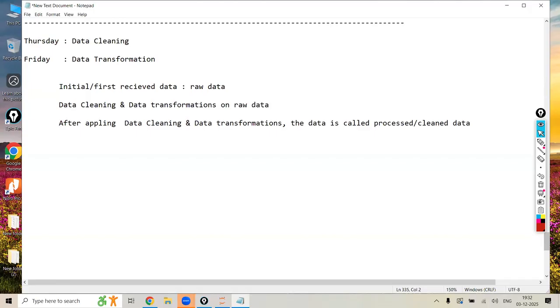And only this data has to be given to the ML. We cannot provide the raw data to the ML to learn. The machine will not understand the raw data. It will understand only the processed data. Is that clear, everyone? Done. We'll continue from here in tomorrow's class.